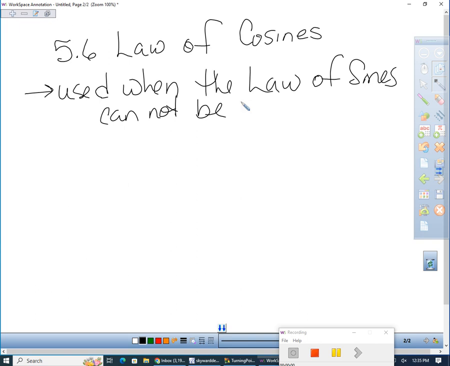I think the best way to do this is I'm going to give you the three law of cosines equations to start with, so we can get them in your notes and on your card. Then we're going to work from there.